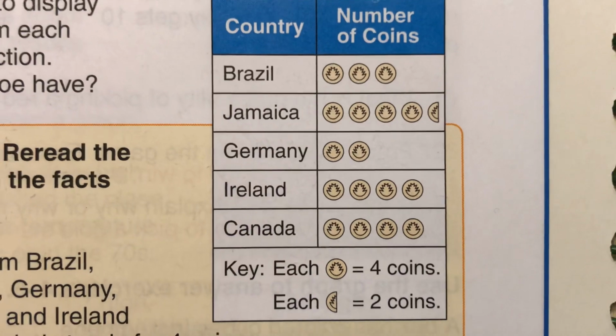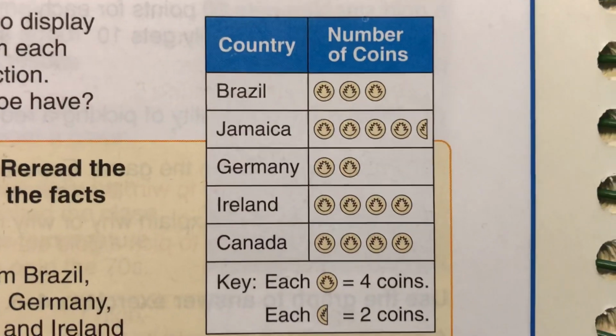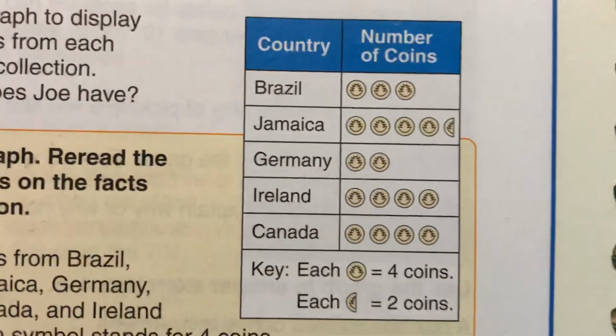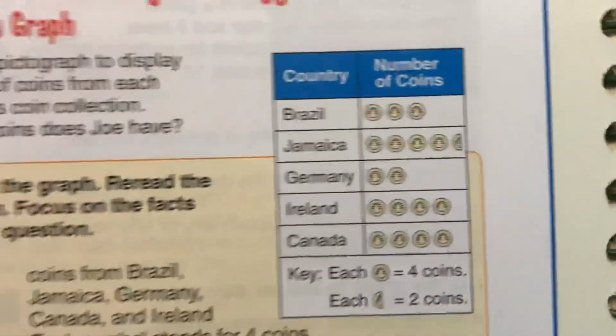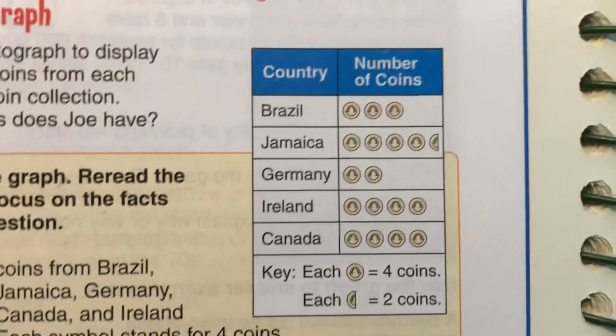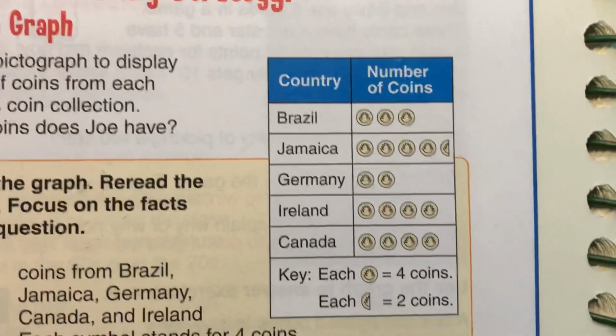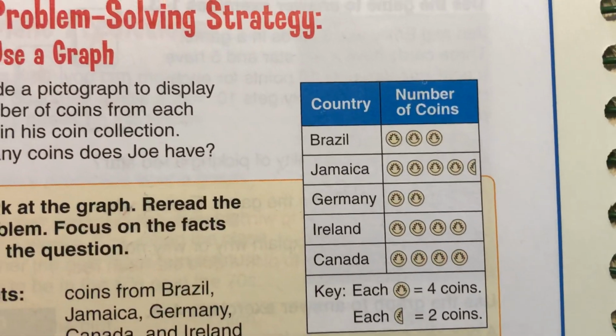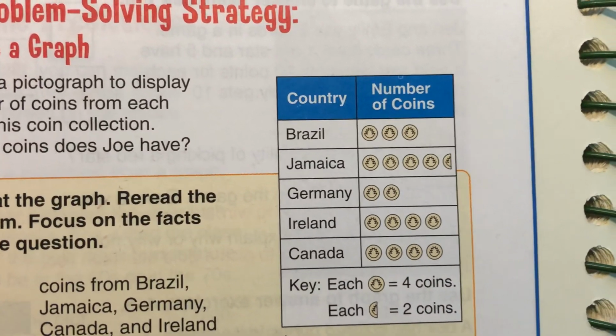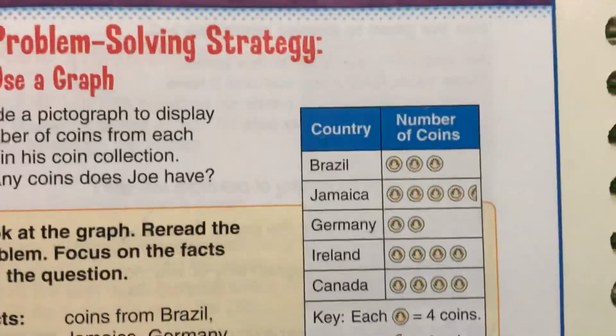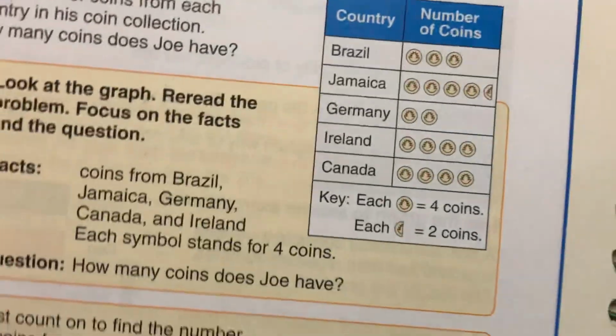His key says that each one of those drawings equals 4 coins, and if you see a half of an illustration there, that means it equals 2 coins. And that's going to be helpful when we need to figure out what information is in our chart here.